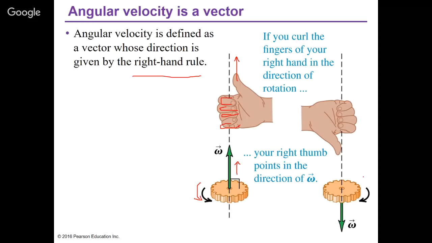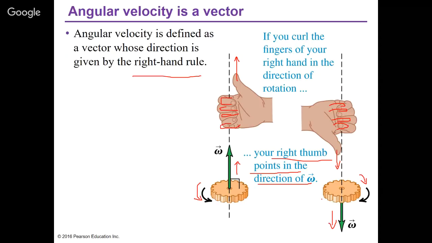On the other hand, if it is rotating clockwise, and you do your right-hand rule again, you will find that your thumb is pointing downward. In this case, that will be the opposite direction to the counterclockwise rotation. Basically, your right thumb points in the direction of the angular velocity, and this is called the right-hand rule.